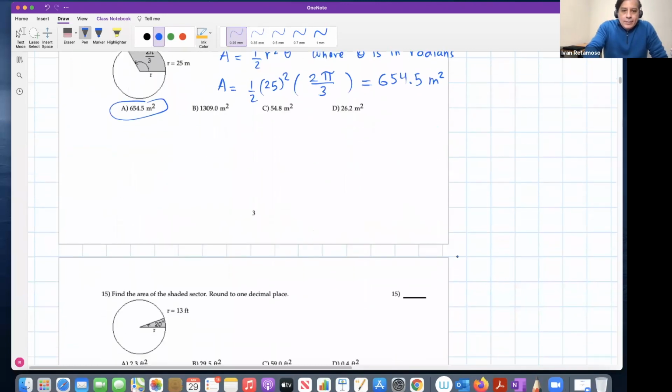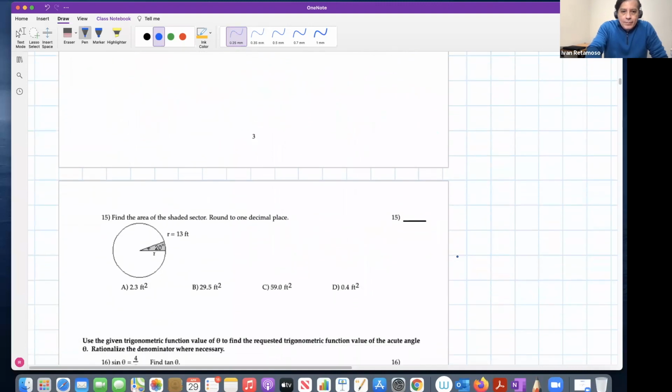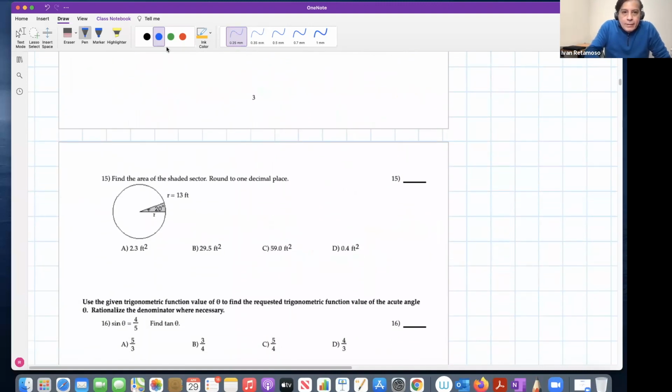Can you try this one? Number 15. I'll finish with this probably. I will write out the area formula for you in case you don't remember: area is 1/2 R squared times theta, where theta is in radians.